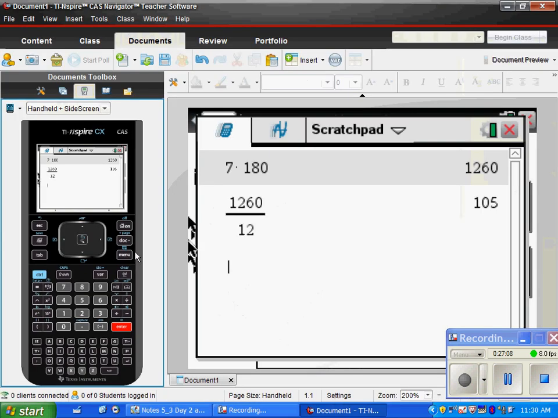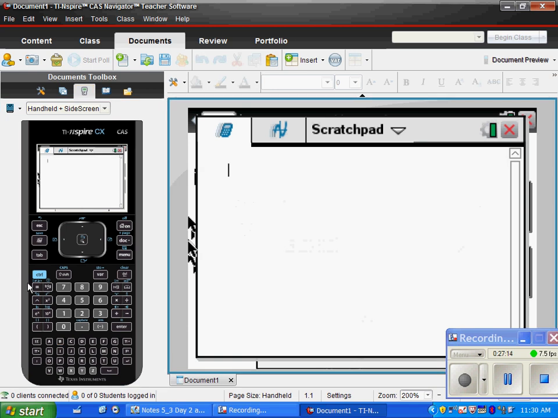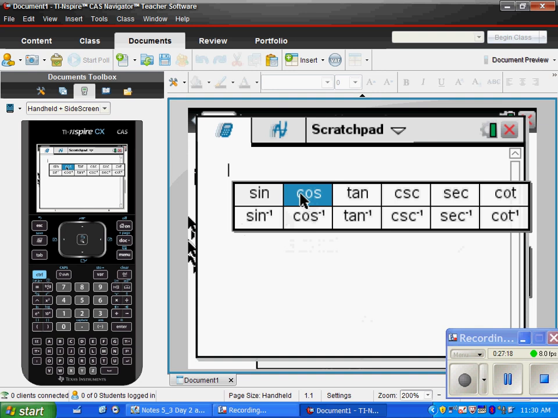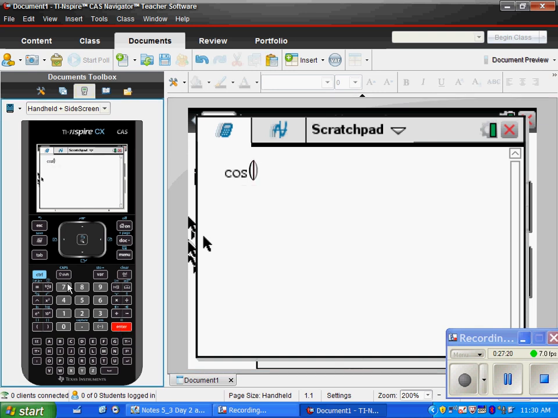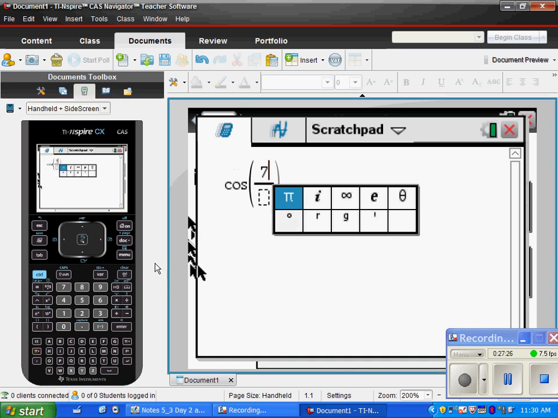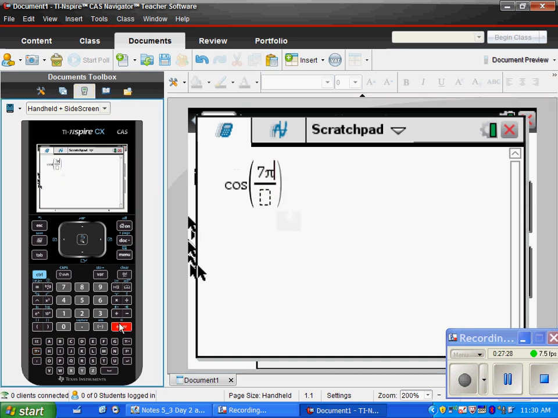So let's check it. Again, my calculator's in radian mode, so I'll go ahead and just type cosine of 7 pi over 12.